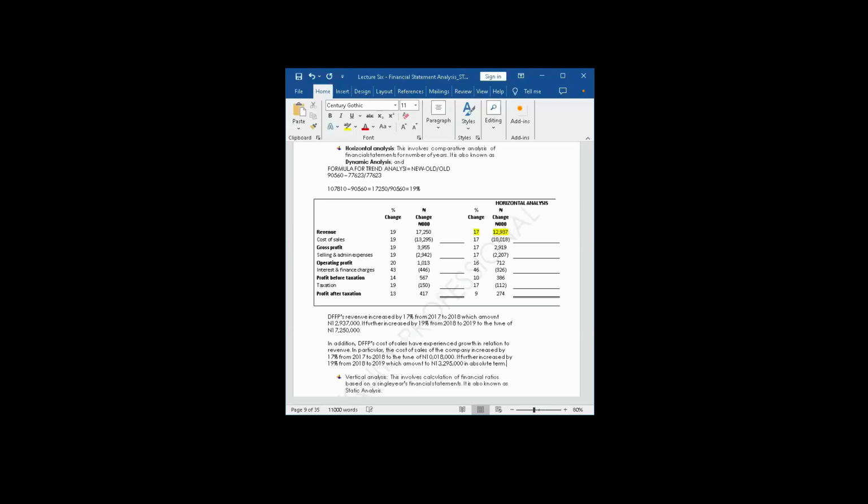In absolute terms. So in the class, I want to see your comments in the chat on gross profit, selling and admin expenses, as well as net profit.